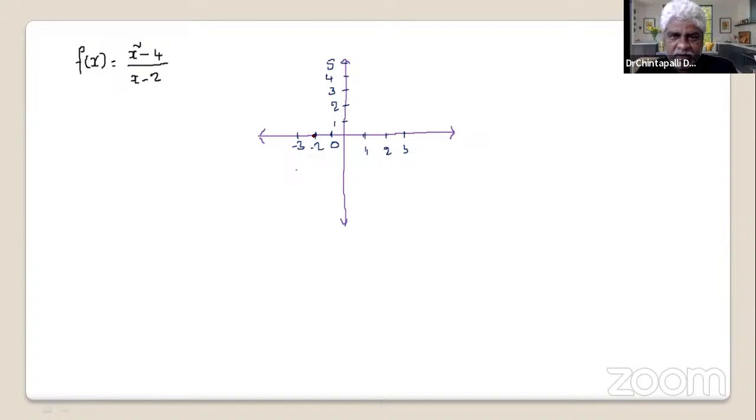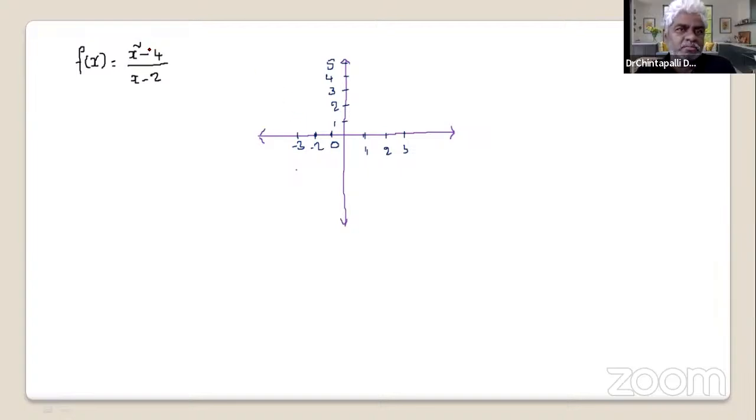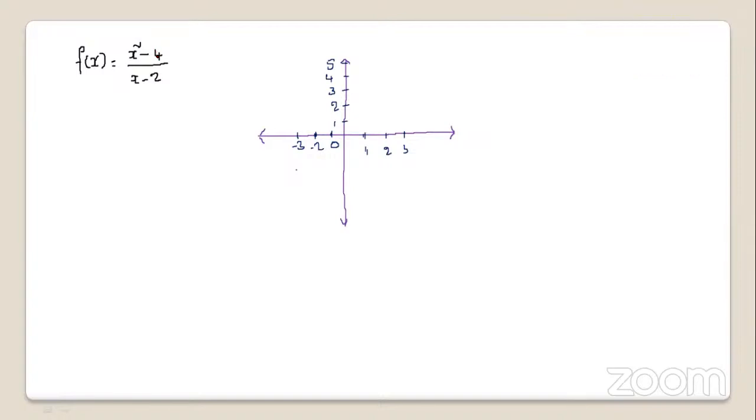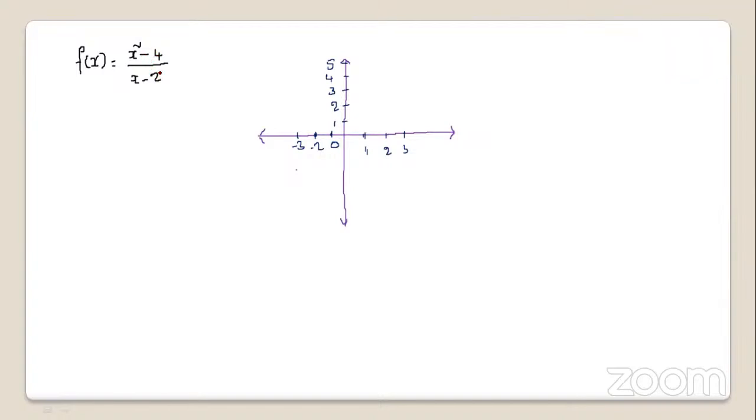What is x is equal to minus 3? Minus 3 squared means 9, 9 minus 4 is 5. 5 by negative 3 minus 2, which is negative 5. 5 by negative 5 is negative 1.